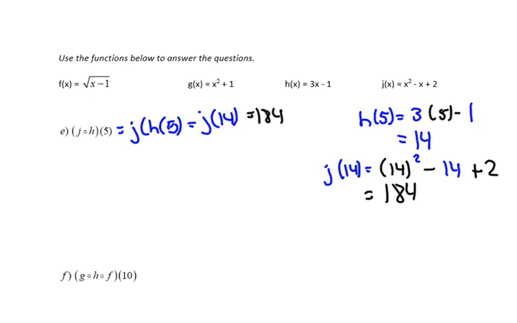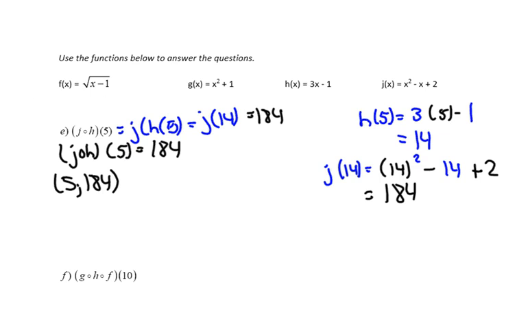So my final answer for this is 184. Now, I can certainly rewrite this as an ordered pair if I'd like. The domain of the original and the range after I compose the two functions.